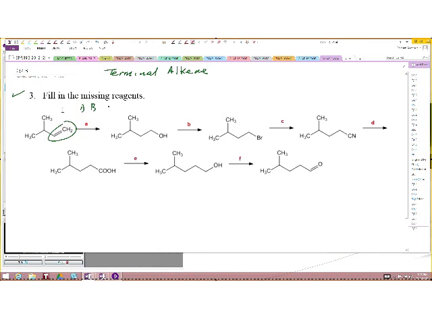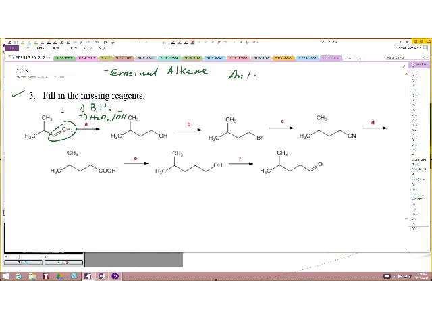Hydroboration, oxidation, right? Okay, very good. So here, borane, and then you follow that up with hydrogen peroxide in basic medium. Okay.